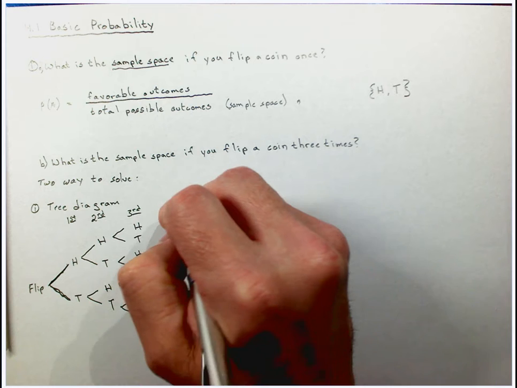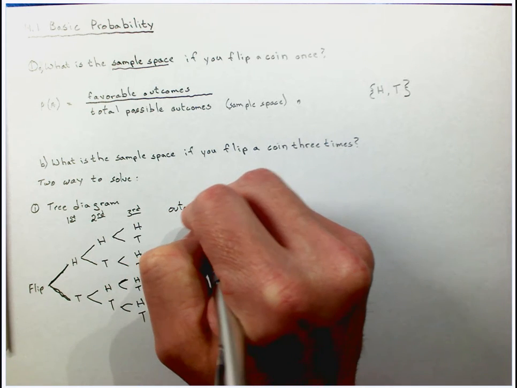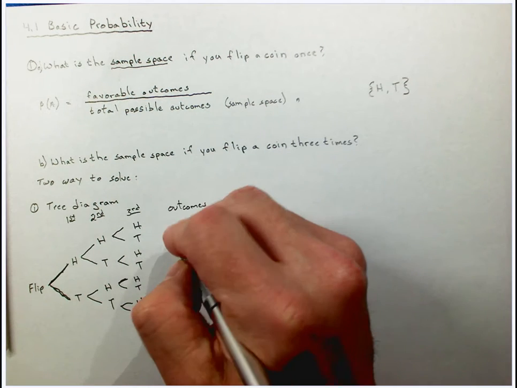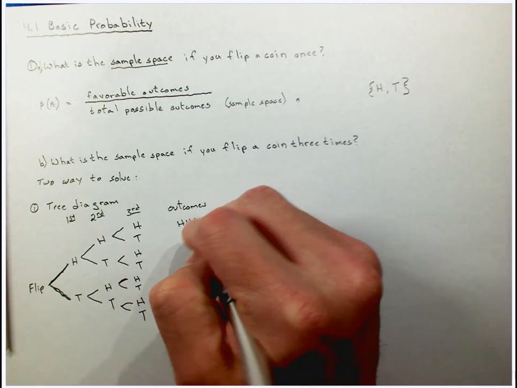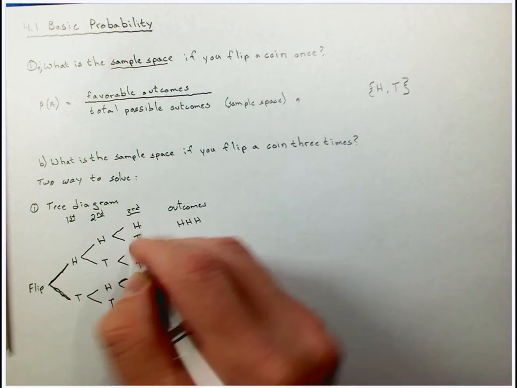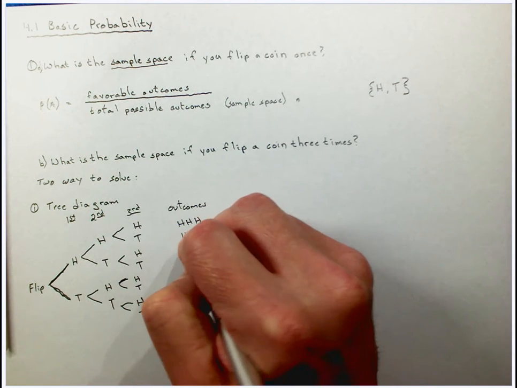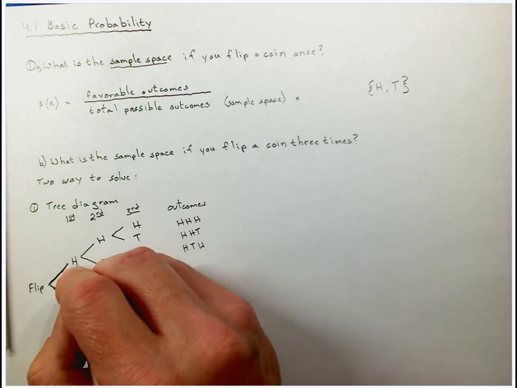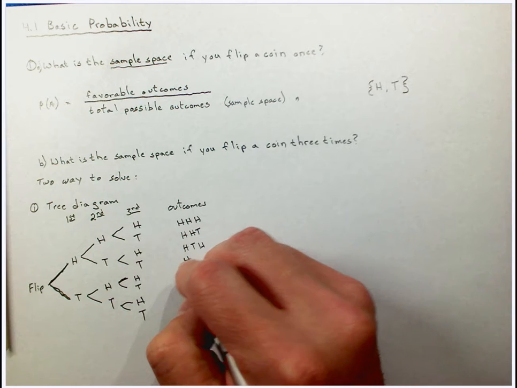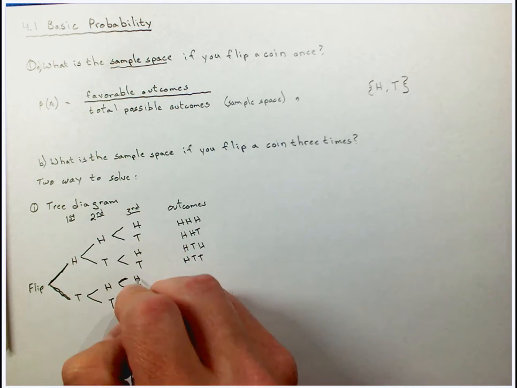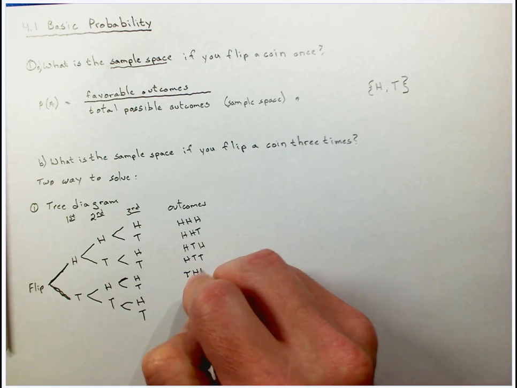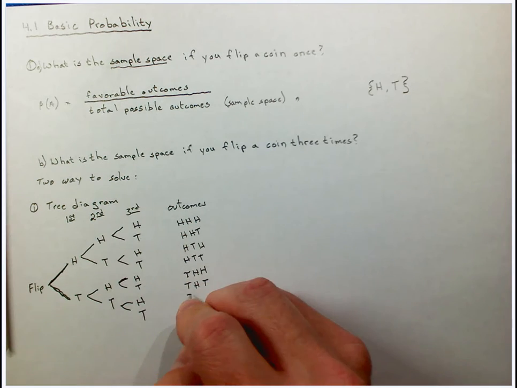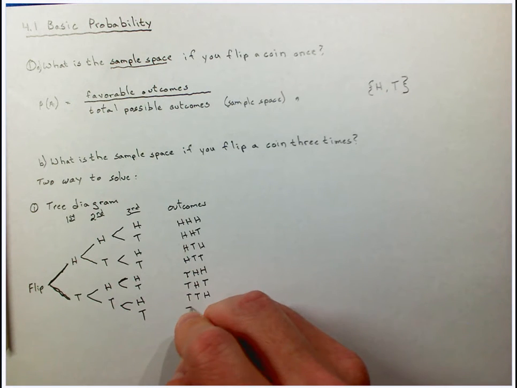So my outcomes, we'll just follow the path. We go heads, heads, heads, or heads, heads, tail, or heads, tail, heads, or heads, tails, tails, then tails, heads, heads, and you just repeat that pattern.